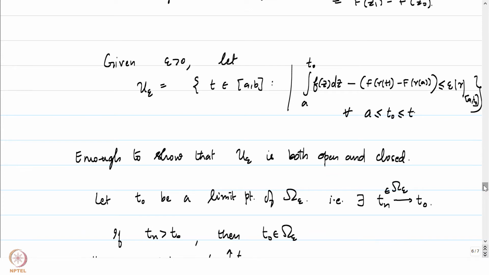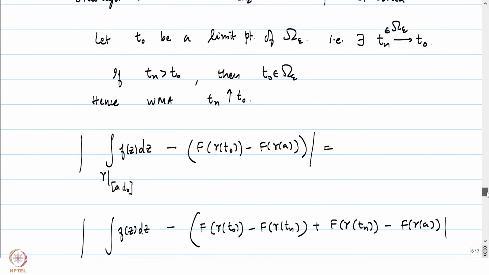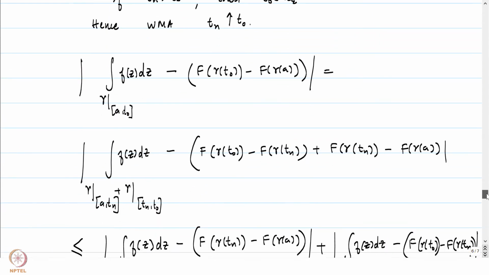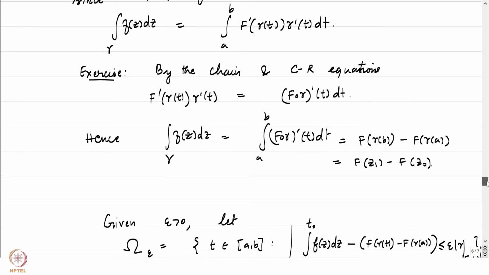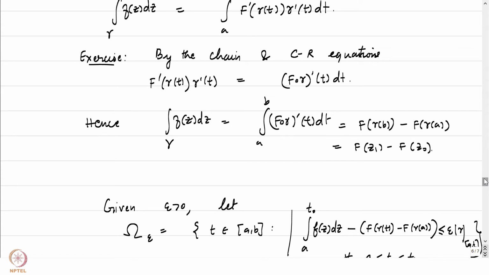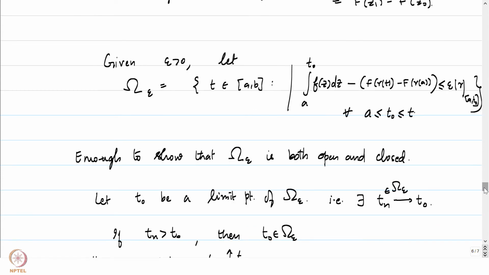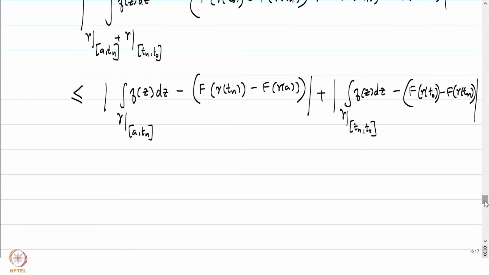Okay, so I used an omega epsilon here. Maybe I should change it so that it will be consistent. Yeah. So if Tn belongs to omega epsilon, then by the very definition, this condition is satisfied by Tn. That means that the first term is bounded by epsilon times the arc length of gamma restricted to [a,tn].